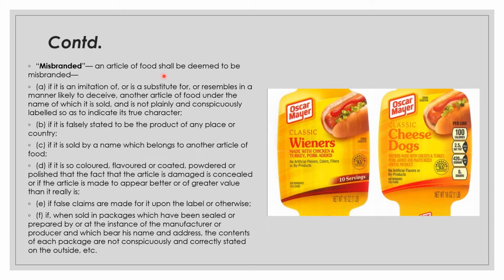An article of food shall be deemed to be misbranded if it is an imitation of another brand or another article, or posed to be a substitute of another brand or article. And it is not plainly and conspicuously labeled to indicate its true character.